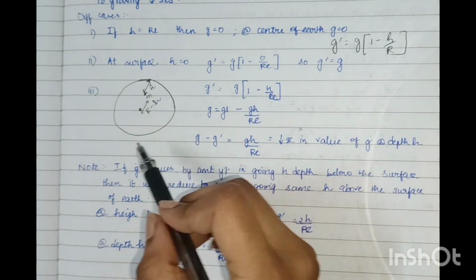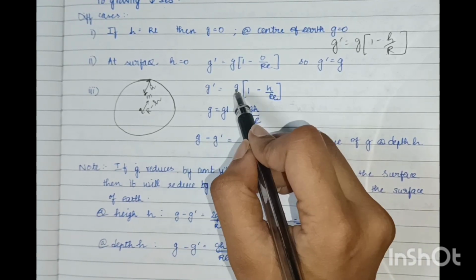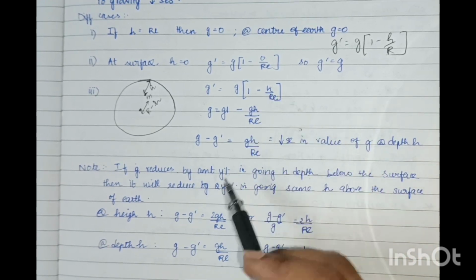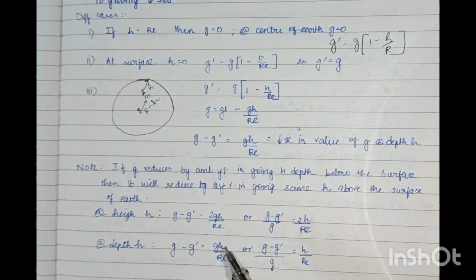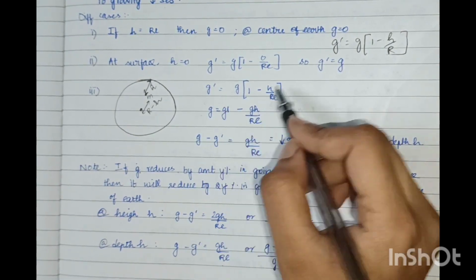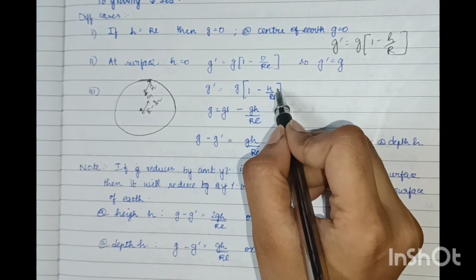Now let us see this one. g dash is equal to g into 1 minus h by r. This is the expression for finding acceleration due to gravity at a certain depth. So g dash minus g, g dash is equal to g into h by r.